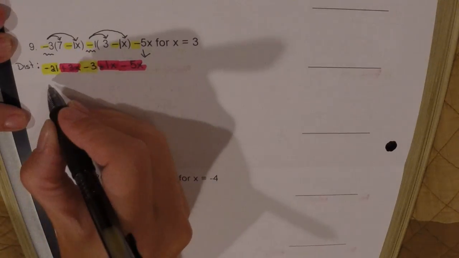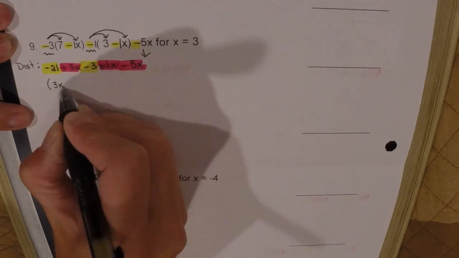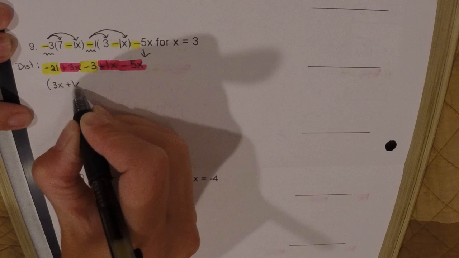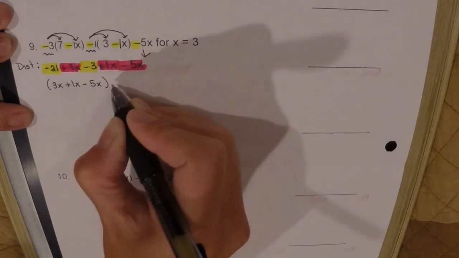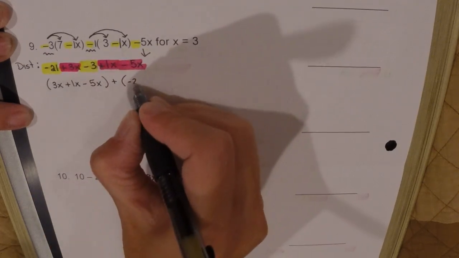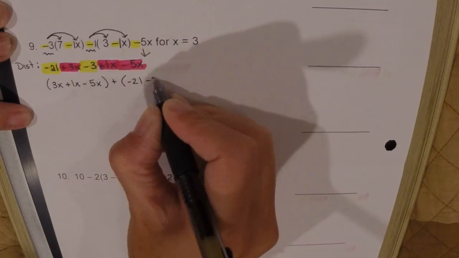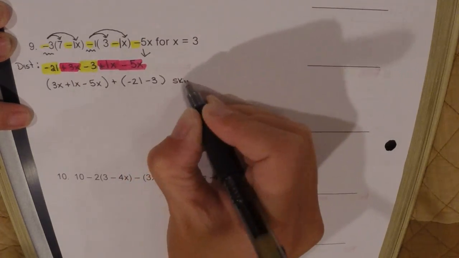So now this is the step you could skip, but if you don't want to, you don't have to. So I'm going to do the variables first. So 3x plus 1x minus 5x. And then we always put a plus, and then we put the next set, and the yellows are minus 21 minus 3. Again, this is the step you can skip if you want.